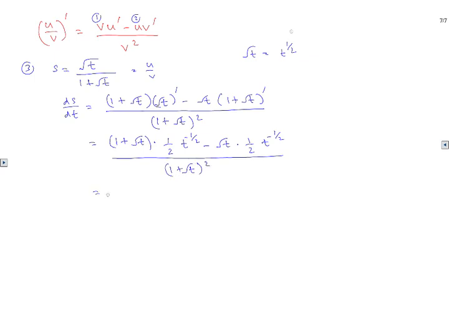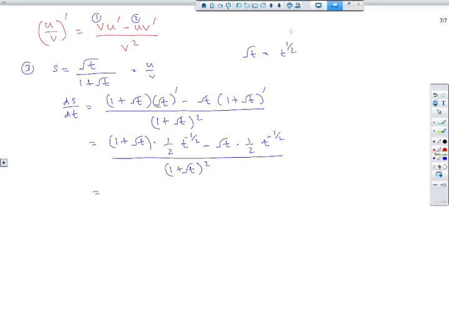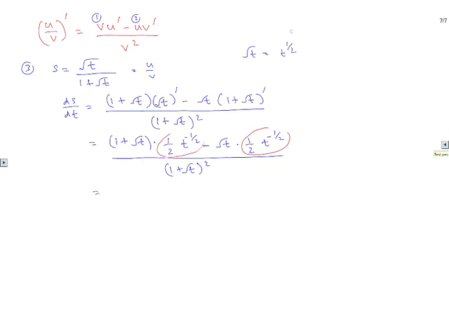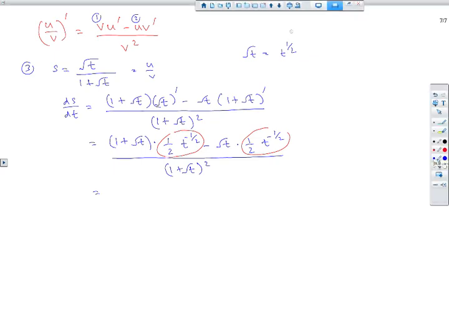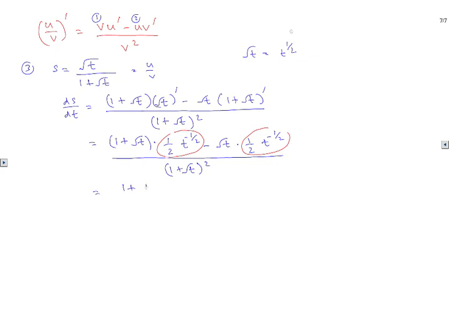Let's try to simplify this a little bit. You can see that t to the 1/2 is common, so I'm going to take it out and bring it down. Negative 1/2 means positive 1/2 when you go down, so you can rewrite this part like this: 1 plus square root t coming from the first term, minus square root t coming from the second term, and then I'm going to move the 1/2 t to the negative 1/2 down.